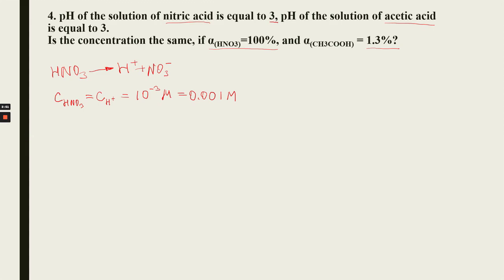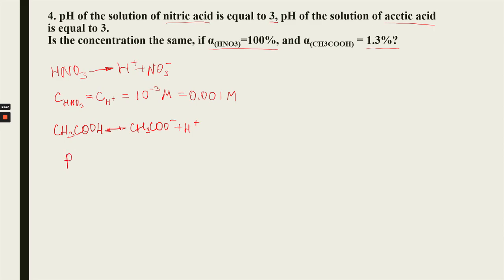Now let's find the concentration of acetic acid. Let's write the dissociation. We did it in the first problem. CH3COOH, then two arrows, CH3COO minus plus H plus. And you have to find in your lecture notes the formula for calculation of pH of weak electrolytes.